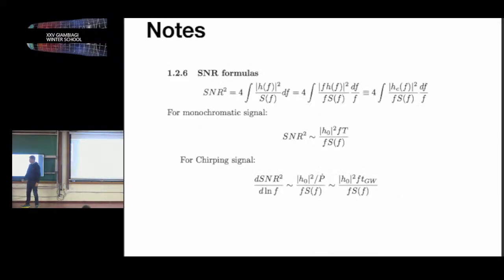And I think these formulas you already covered last time. So gravitational wave detectors have some source of noise. There's an s of f.